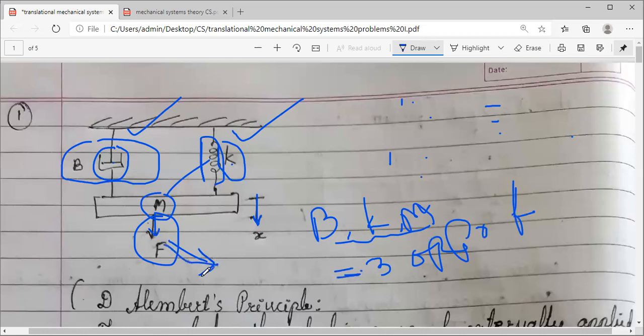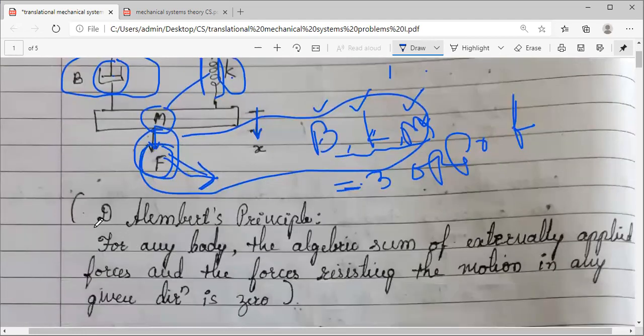This applied force is the external force, and these three are the internal opposing forces, FB, FK, and FM. When you add all together, F plus all these forces will become equal to 0. That's what D'Alembert's principle says.